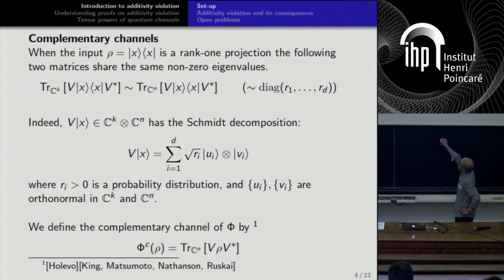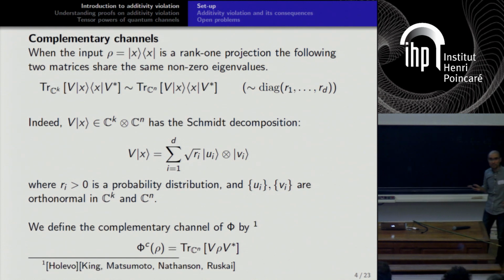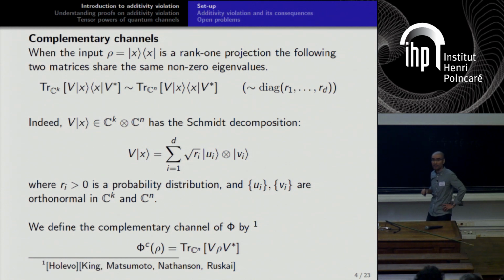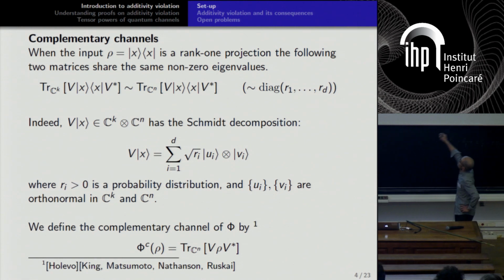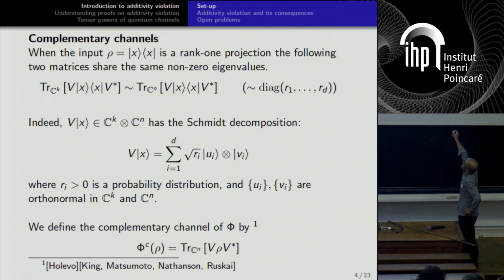When we take a partial trace, the cross products will disappear, and we get reduced density matrices, which are proportional to r_1 to r_d. This corresponds to the Schmidt decomposition coefficients here.